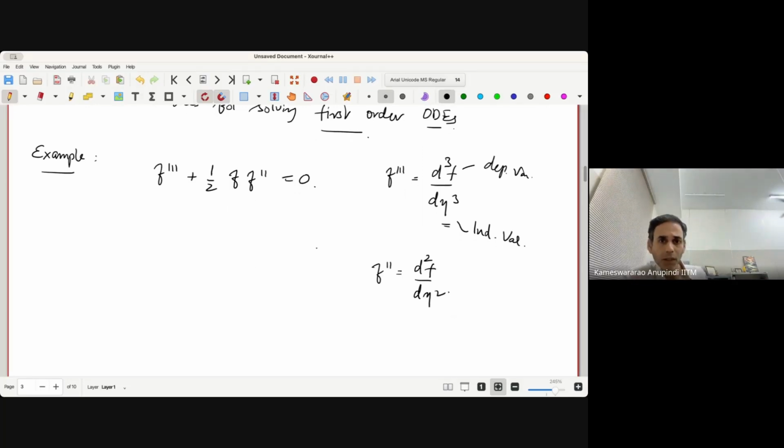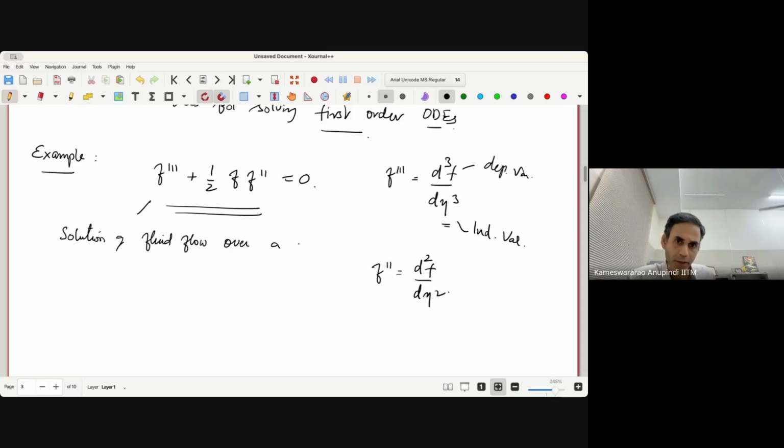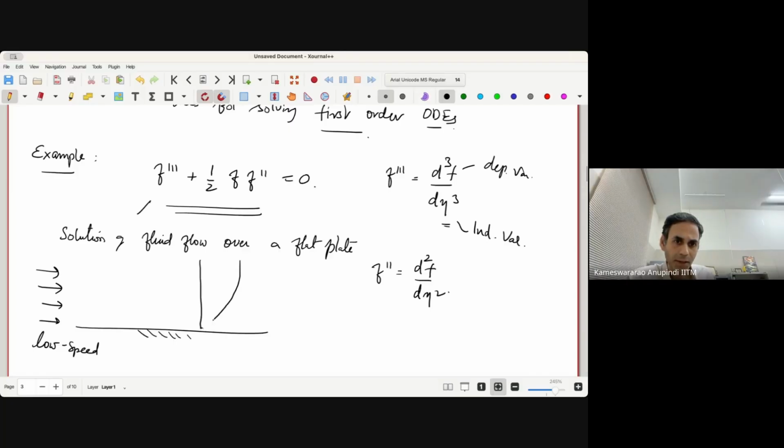Now, this is an ODE that comes in the solution of fluid flow over a flat plate. For example, if you have a plate which is held stationary and there is some incompressible fluid passing over it at some low speed, then the velocity profile that gets generated will be because of the boundary layer effect.